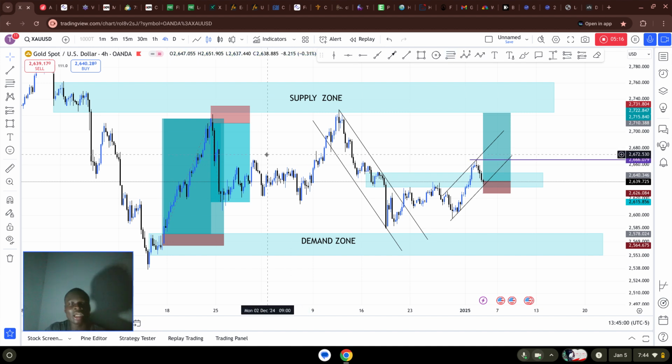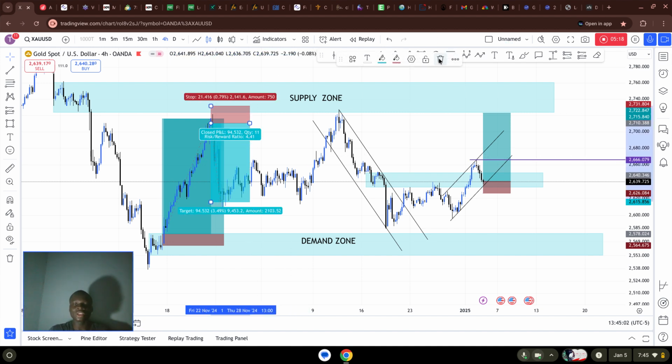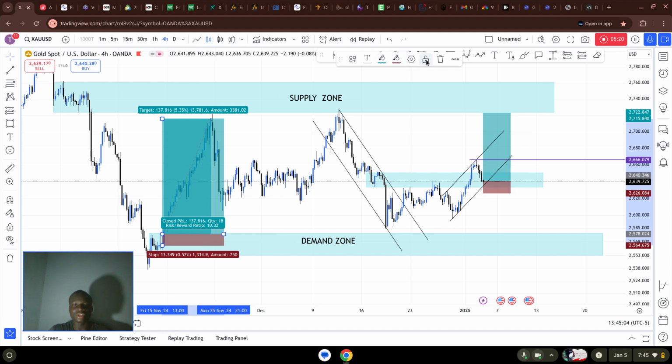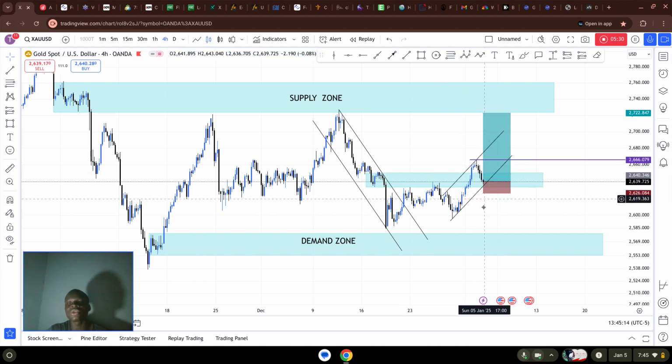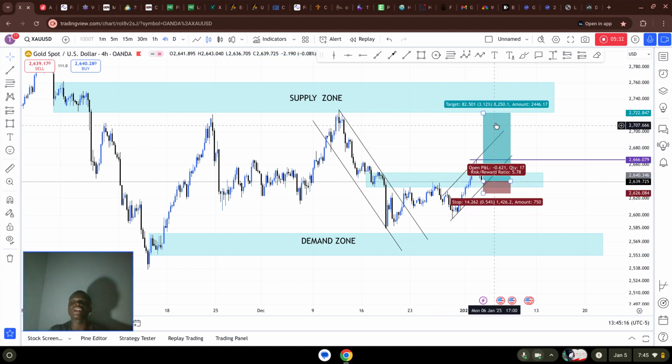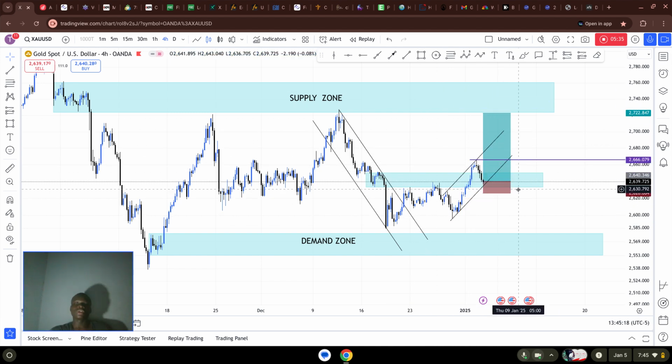I like my chart to be very clean, so we just clean everything. As you can see, this seems like a supply zone. The market touches, comes back down, touches again, comes back down, before it breaks out and retests, and we anticipate the market to go long. So that's that for the XAUSD.